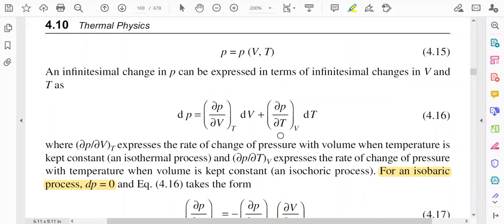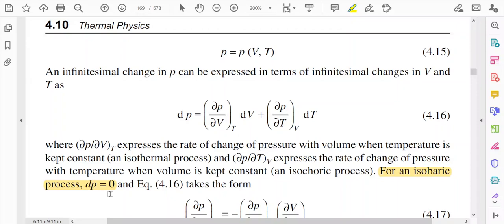Now what is (∂P/∂T)_V? It expresses the rate of change of pressure with temperature when volume is kept constant. And as volume is kept constant, this process is an isochoric process. Now, for an isobaric process, pressure is constant, so we may say that dP = 0.